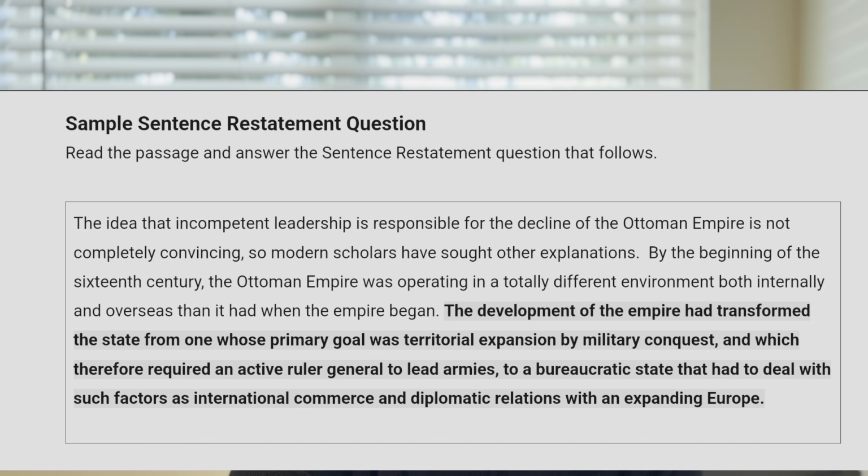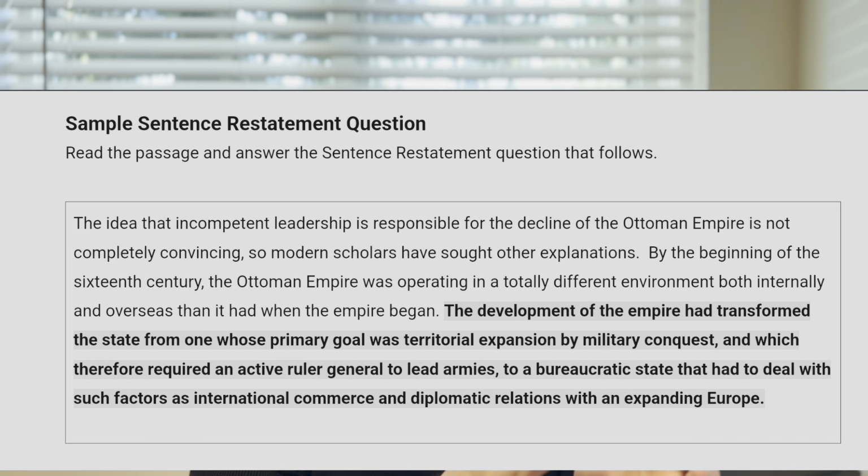The second says that as the empire developed, more focus had to be placed on international commerce and diplomacy and less on the territorial expansion which characterized the earlier empire. Let's see. The third says the development has transformed one whose primary goal was territorial expansion, therefore requiring active military rulers, into a bureaucratic style.